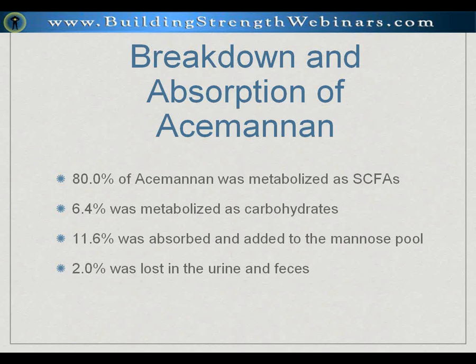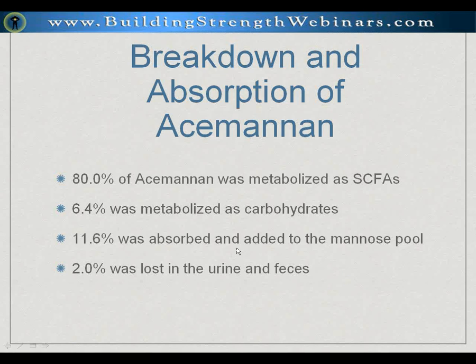We were able to show 80% of the ace mannan was metabolized as small-chain fatty acids, 6.4% was metabolized as carbohydrates, 11.6% was absorbed and added to the mannose pool, and approximately 2% was lost in the urine, the cage washing, and the feces.